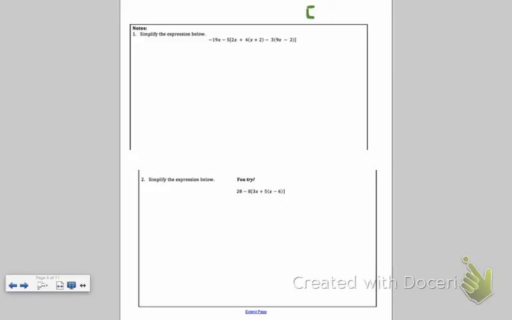So when we've learned order of operations in the past, we've used PEMDAS, right? Parentheses, exponents, multiplication, division, addition, and subtraction. So remember, multiplication, division, addition, and subtraction, you always work from left to right when you're just left with these two operations.